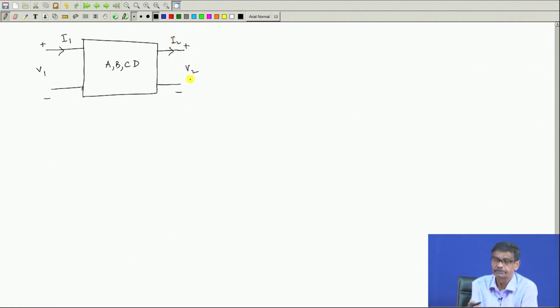This is the convention for ABCD parameters or transmission line parameters, and then we know this input voltage and current are expressed in terms of V 1 equal to A V 2 plus B I 2, and I 1 equal to C V 2 plus D I 2. These are the conditions.